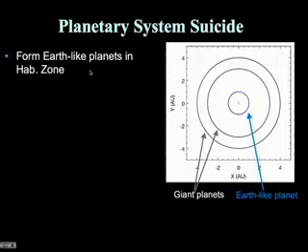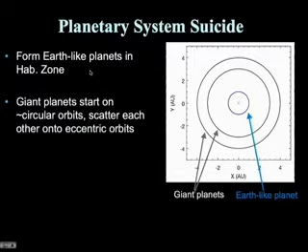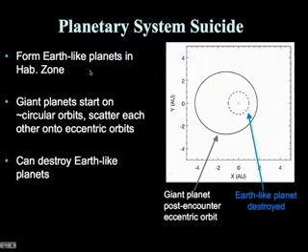So the Earth-like planet forms, everything seems happy, but then these 2 guys have a close encounter like we just saw, and one of them gets chucked out. What's left behind would be something on an eccentric orbit. It depends on the exact configuration of everything, but in many cases, the Earth-like planet would be destroyed.